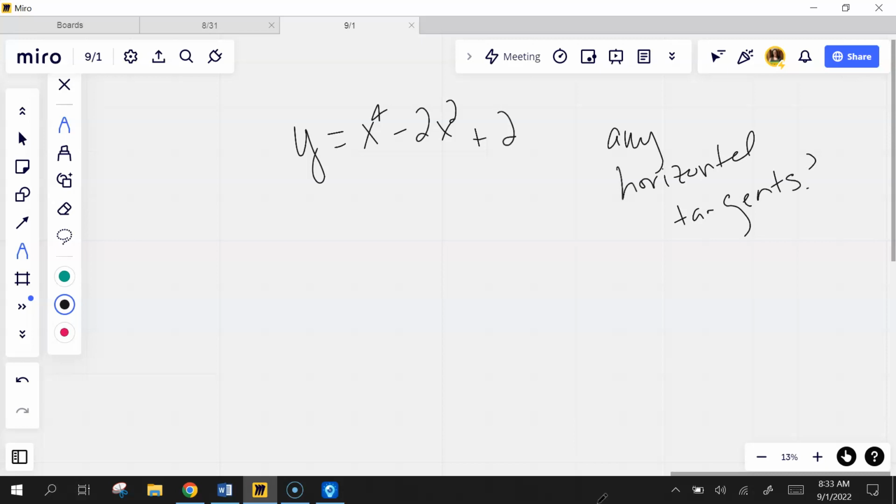What does that mean? Horizontal line slope is 0, so what I'm essentially asking here is, will y prime, or the derivative of y, ever equal 0? That's what it's saying. Will that happen?